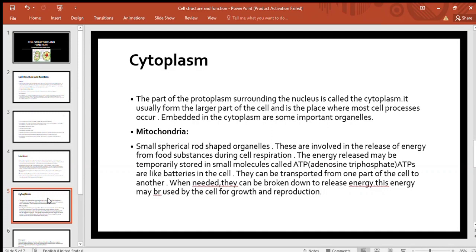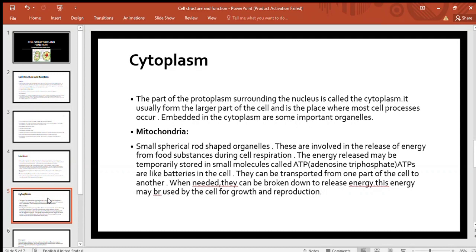But here we discuss some of the organelles, like mitochondria. Mitochondria are small spherical or rod-shaped organelles. These are involved in the release of energy from food substances during cell respiration. The energy released may be temporarily stored in small molecules called ATP, adenosine triphosphate. Adenosine triphosphates are like batteries in the cell.